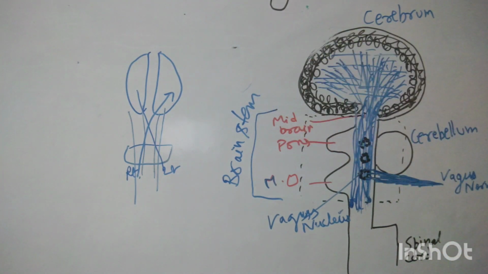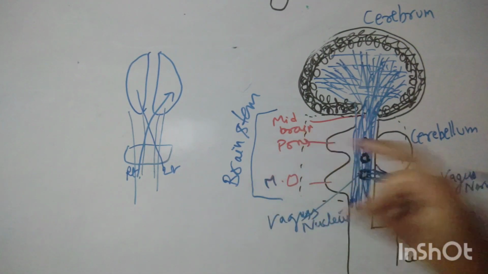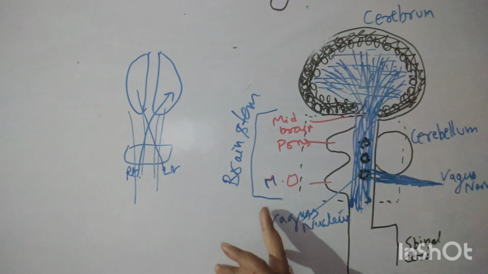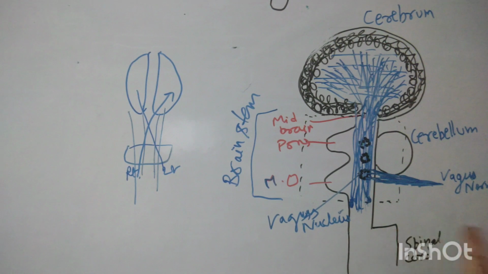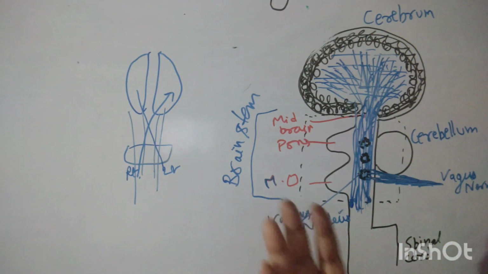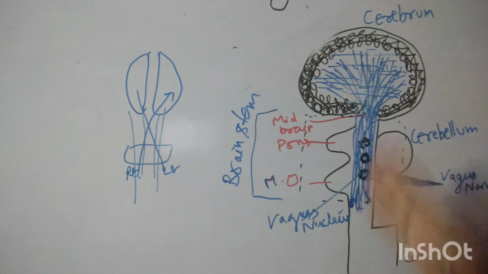All the nuclei will be present here, and we will see this in detail in the coming lecture. So up to this you learn and understand how the midbrain, pons and medulla oblongata form the brain stem. In the brain stem there is a crossing of the fibers which are going up to the brain.